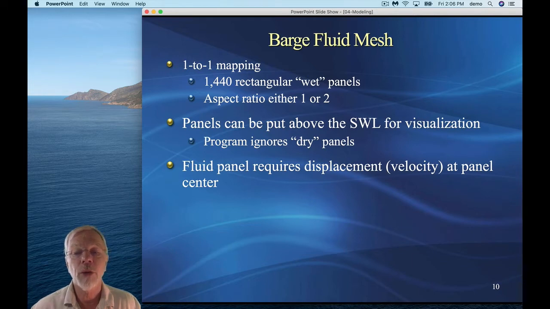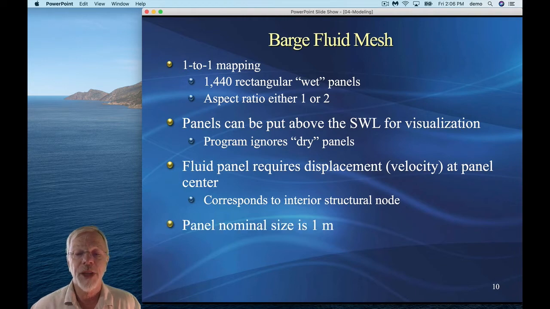The fluid panel requires the displacement or velocity at the panel center, and because of this 1-to-1 mapping, that panel center corresponded to the center 5th node, so no interpolation was required. We could just use the displacements of that 5th node for each element as the displacement for the fluid panel.